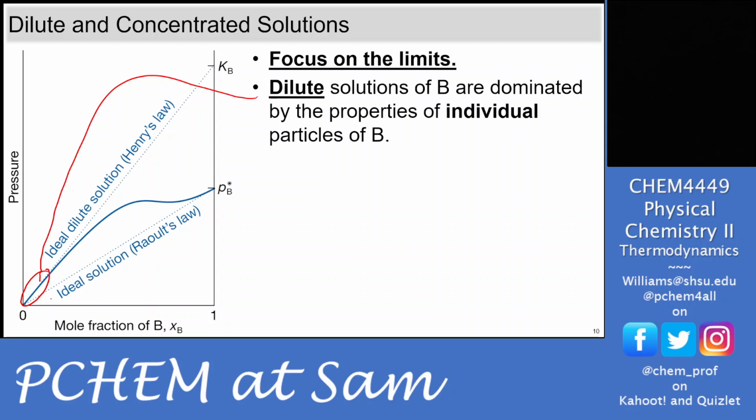If it doesn't like it, that B is going to leave, and so you have a higher vapor pressure than you expect on the dilute side. If it does like that solvent, it's going to stick in that solvent better than it would itself, so lower.